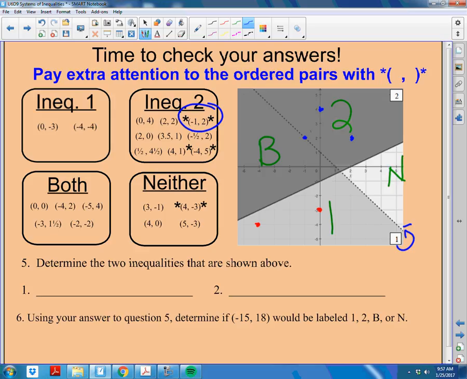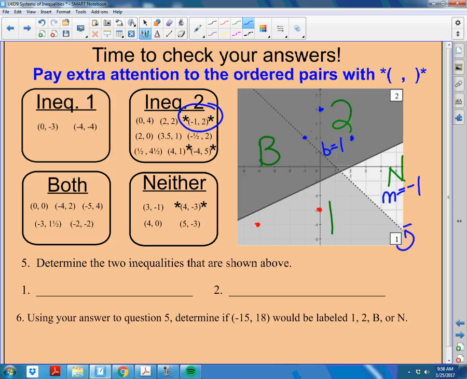Okay? Now, if I wanted to write inequality 1, how could I write the linear inequality for number 1? Where would I begin, Madison? Okay, and the y-intercept is? The y-intercept is +1, b equals 1, and what's the slope? The slope is -1.